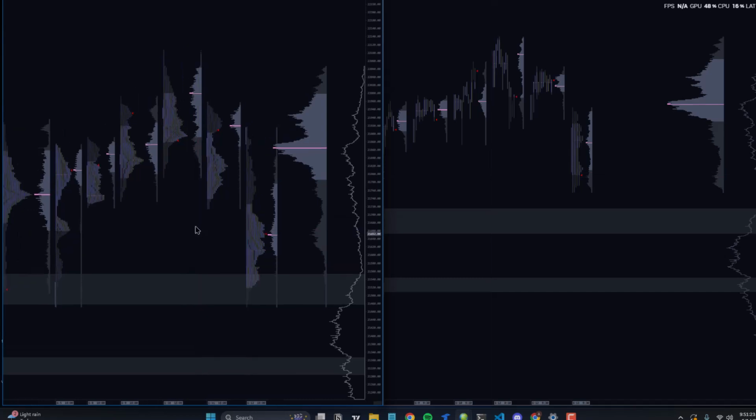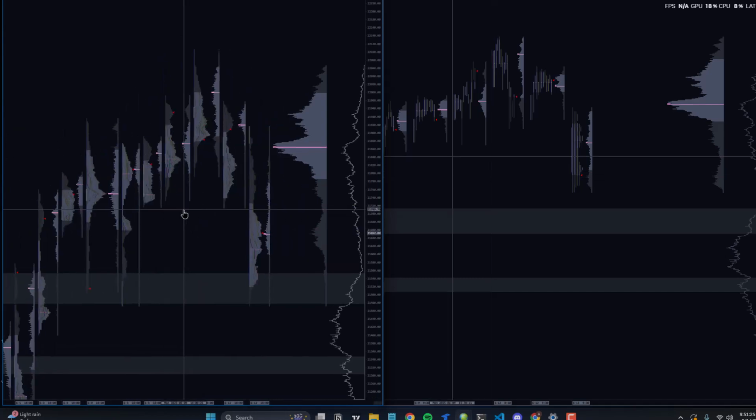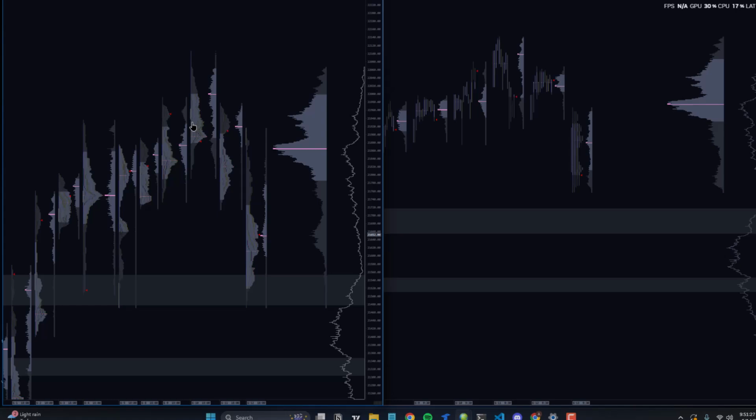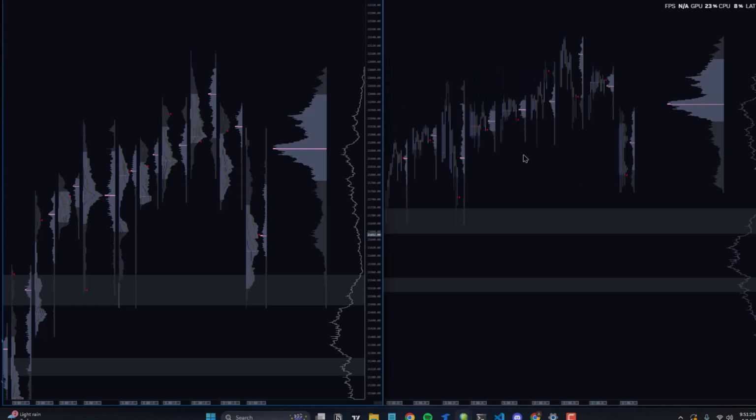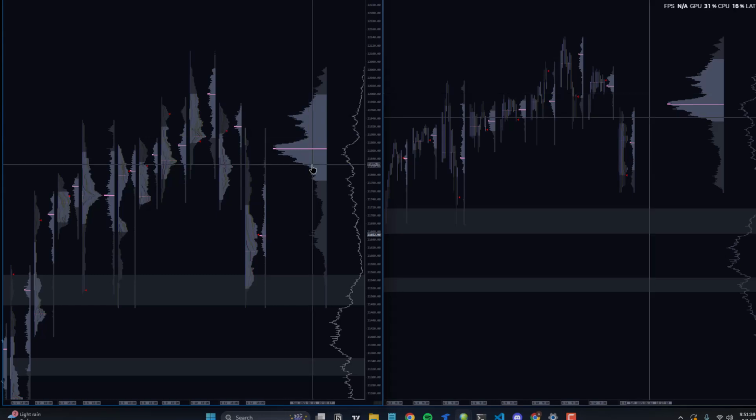Now we've just had this auction right here. Now let's get a level or two from this. I like to use RTH on this, but I'm not gonna lie, it's a pretty weird profile because we have this extreme and then we have this extreme and then we kind of have this like 45-degree build, no extreme there. So I don't think I'm gonna use a level from up here.